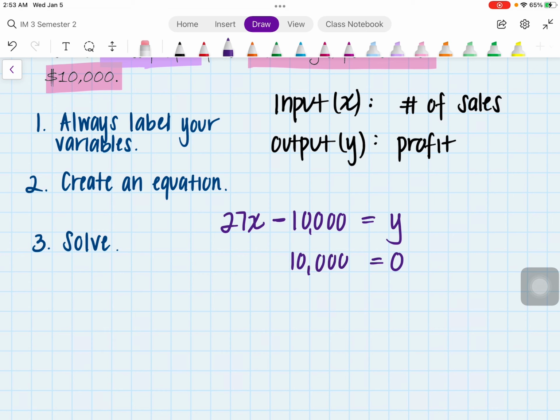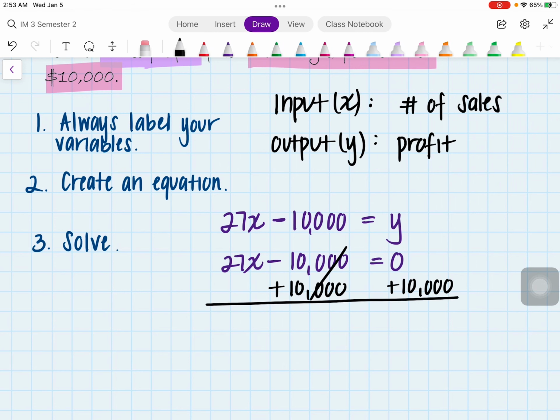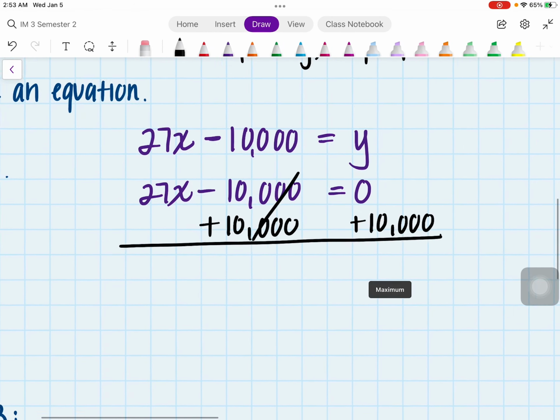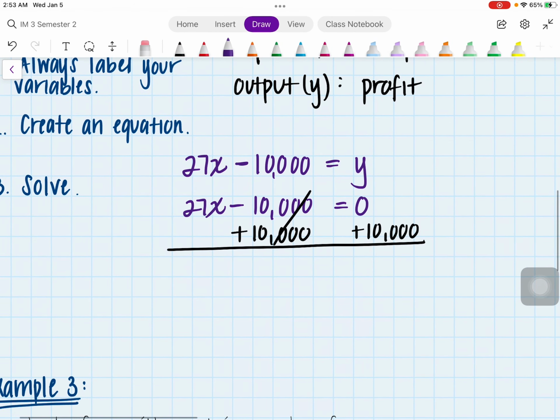And that's 10,000 there. And that's 27x. So first step in this case, guys, is to add 10,000 to both sides. All right, and that gives us 27x equal to 10,000.